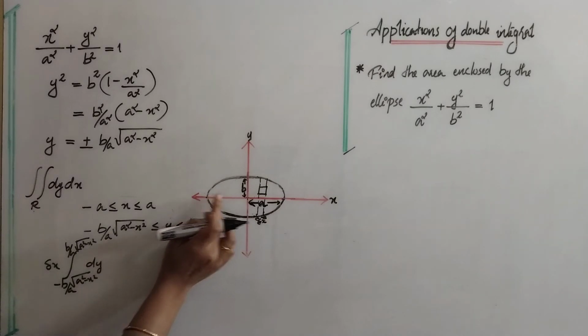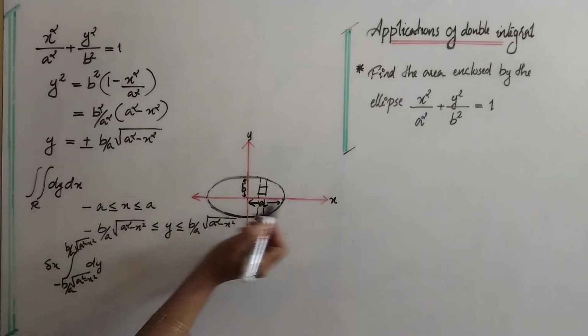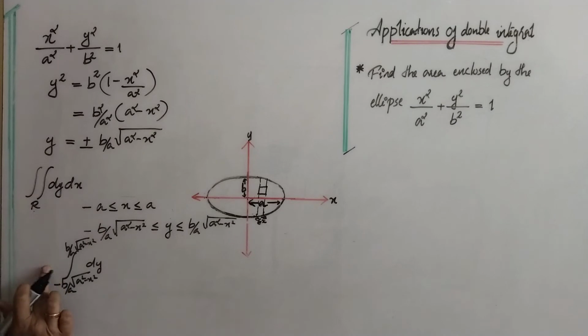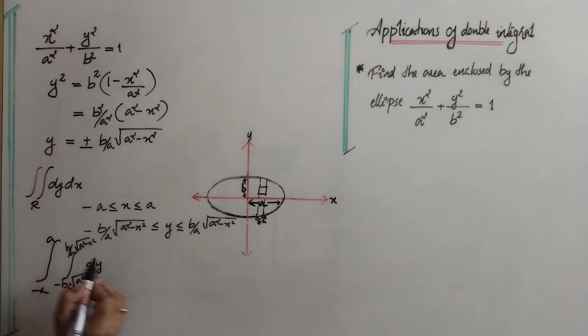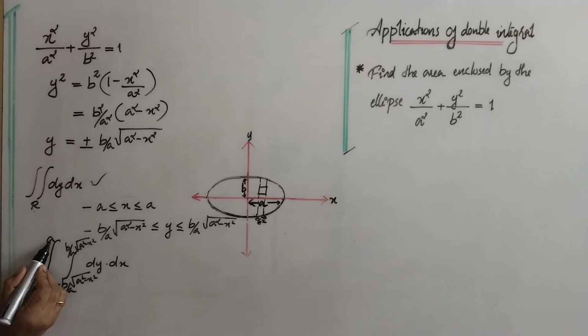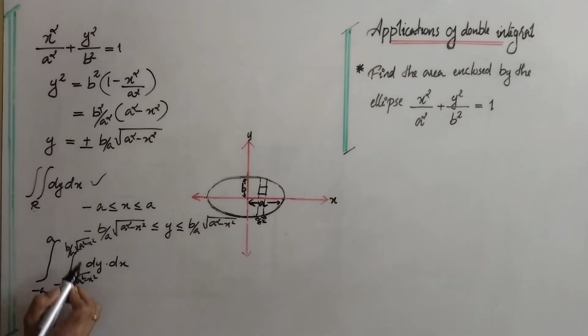And adding up all such strips from minus a to plus a, that is integral minus a to plus a dx, gives the complete area of the region. So here limits varying from minus a to plus a, and here minus b by a root of a square minus x square to plus b by a root of a square minus x square dy dx.